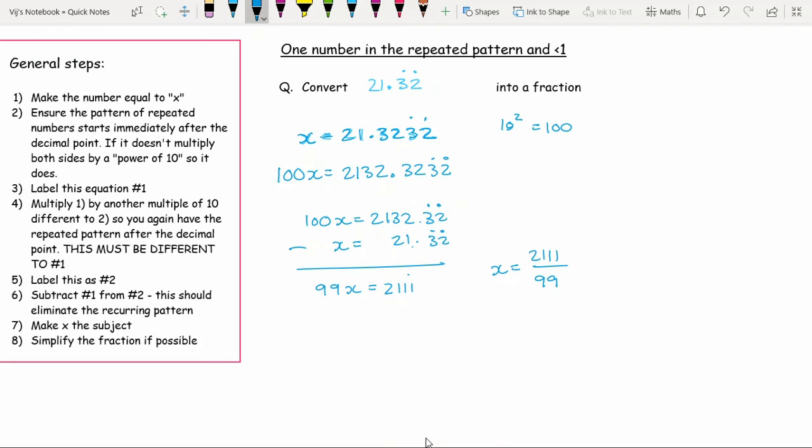Then all I've got to do is check, does that simplify? No, it doesn't, and there is your final answer.